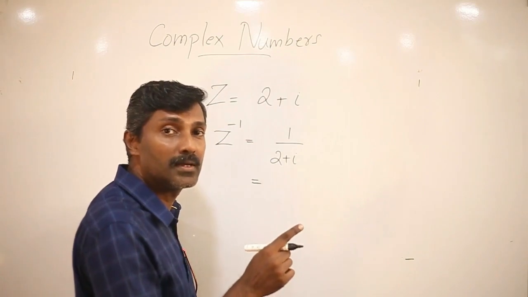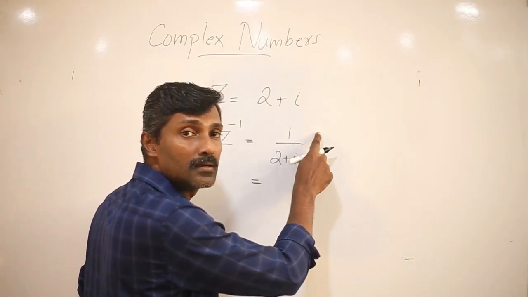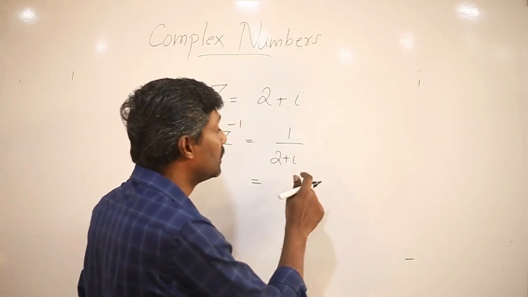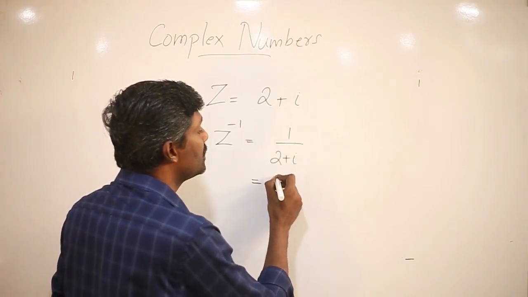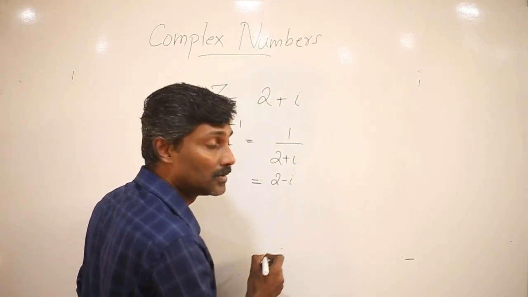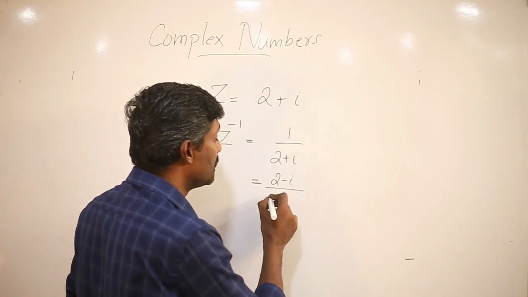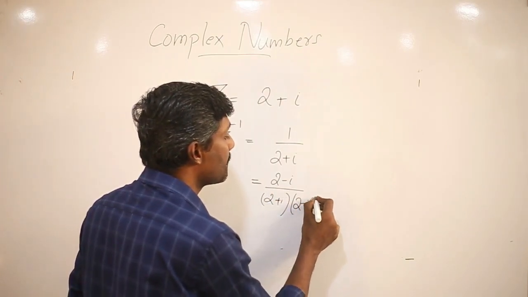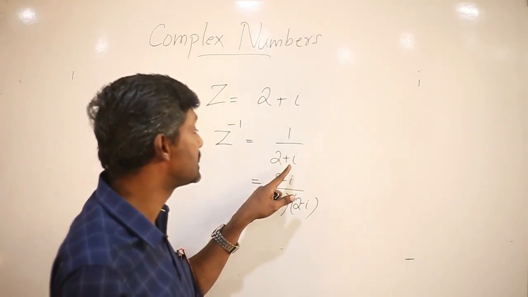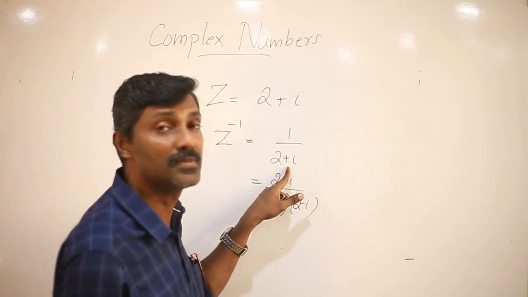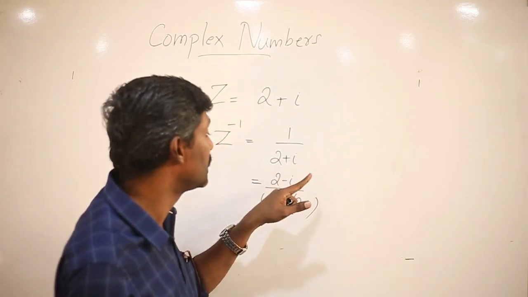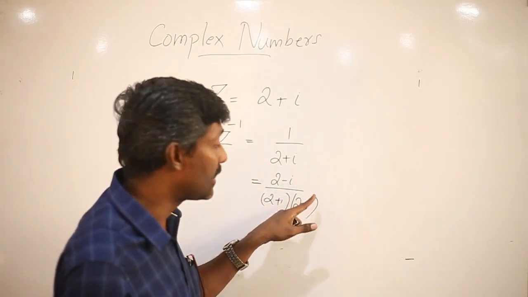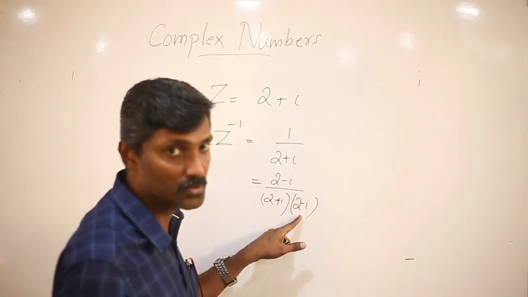Now you multiply that 2 minus i in the numerator and also in the denominator. So this becomes 2 minus i divided by 2 plus i into 2 minus i. Clear? So I have just taken the conjugate of 2 plus i, which is in the denominator, and I have multiplied that in the numerator as well as the denominator. So the effect is 0.